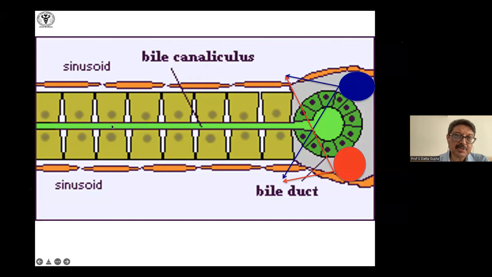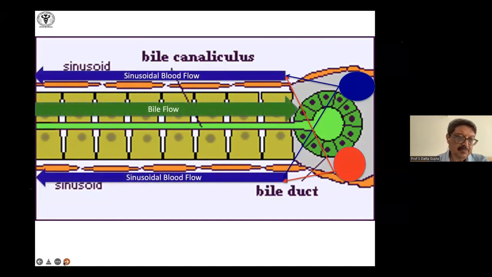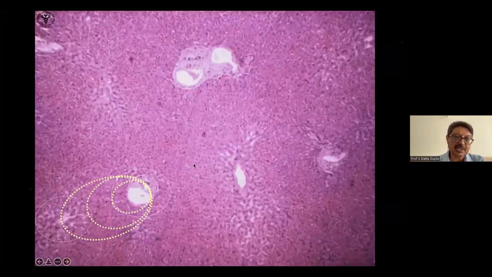The sinusoidal blood flows from the portal tract towards the terminal hepatic venule. The bile flows in the other direction, towards the biliary tree in the portal tract. So it's almost opposite directions that this flow occurs. Okay? So this is almost like what you see in the kidney.